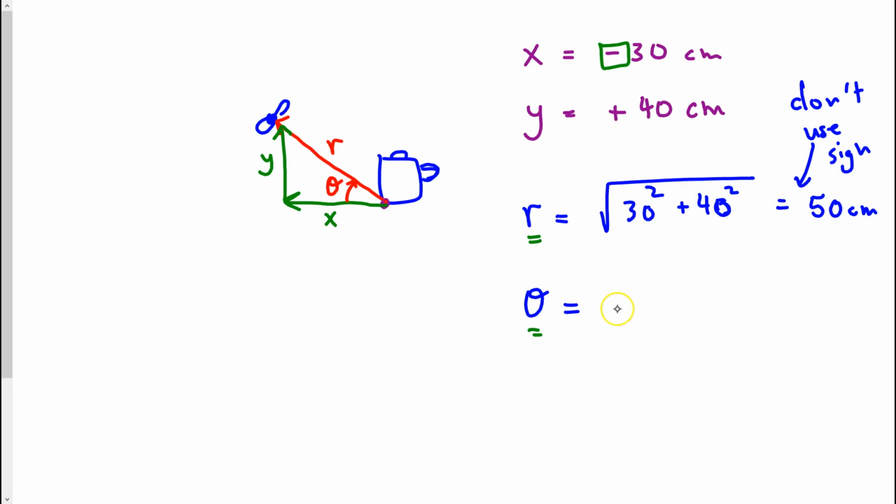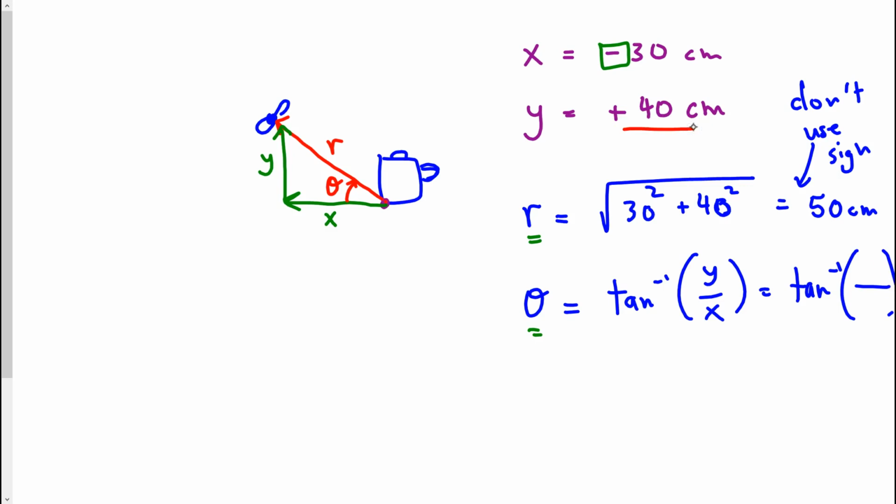And we've learned that the way we calculate theta is using inverse tangent of y over x. And you might think, okay, well, I need to put that into my calculator. Negatives are really, really important. The value of y is 40, and it's positive. The value of x is 30, and it's negative.